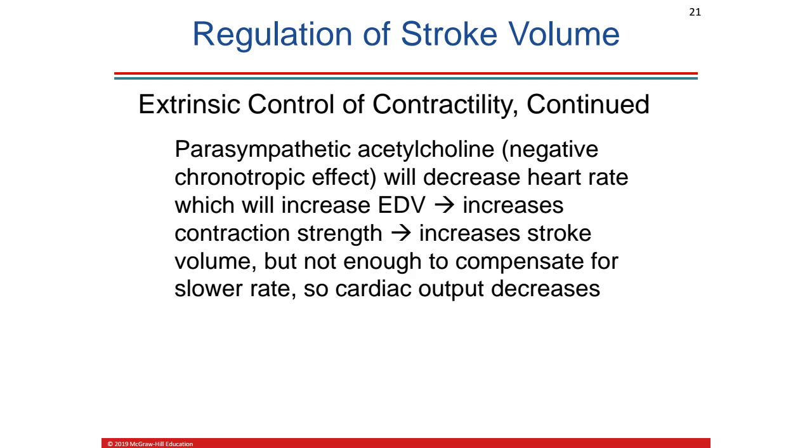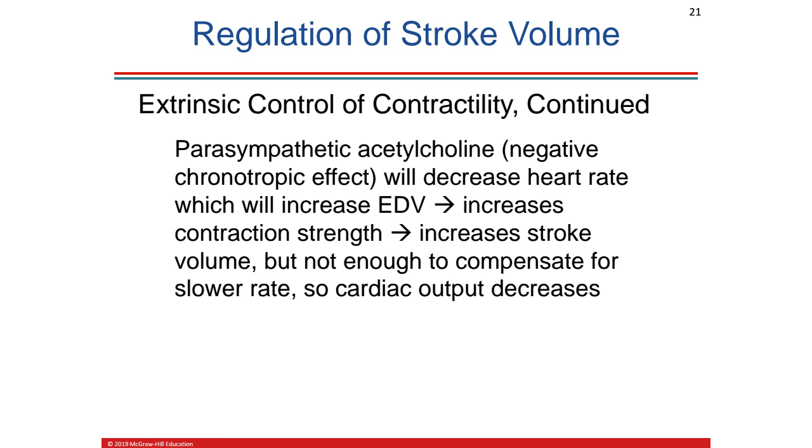At the same time, these parasympathetic fibers also go to the AV node, but there are no parasympathetic nerve fibers that go to the myocardium, in other words, to the cardiomyocytes that are directly involved in generating the contraction. So you would think that there should be no effect whatsoever of the parasympathetic nervous system on the stroke volume and contractility. And in fact, there isn't any direct effect. However, there is an indirect effect.